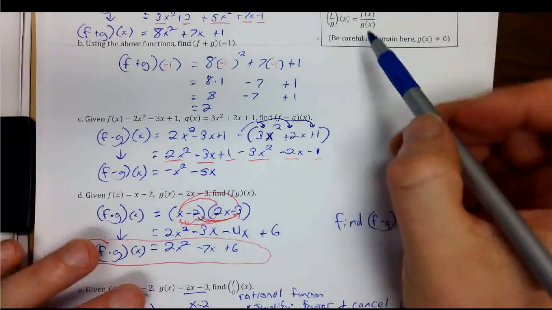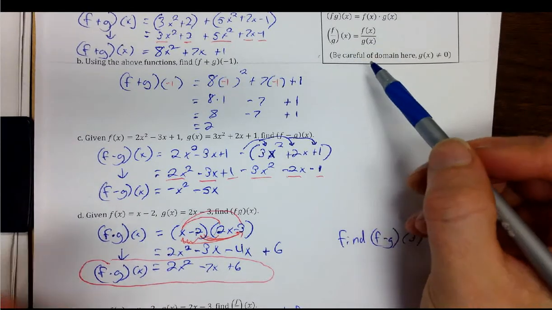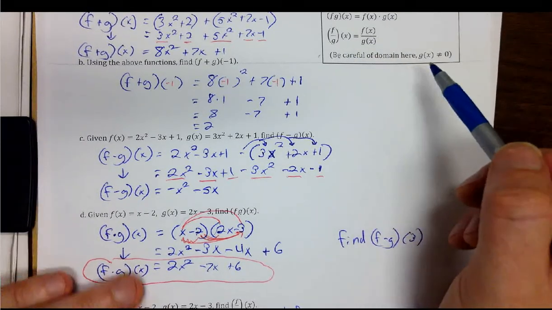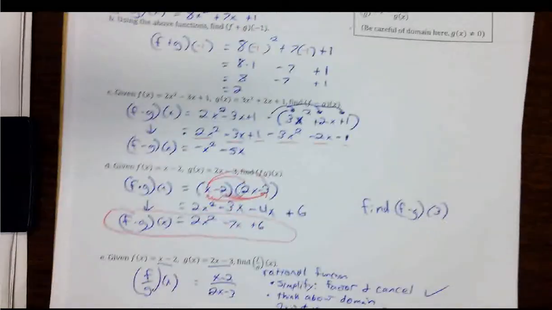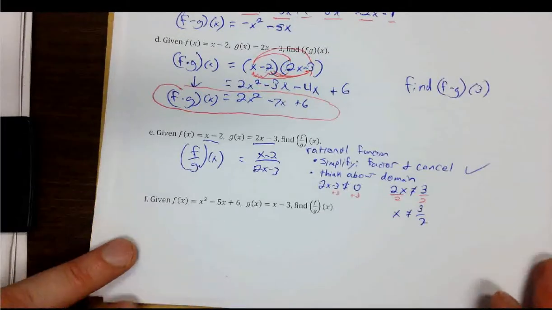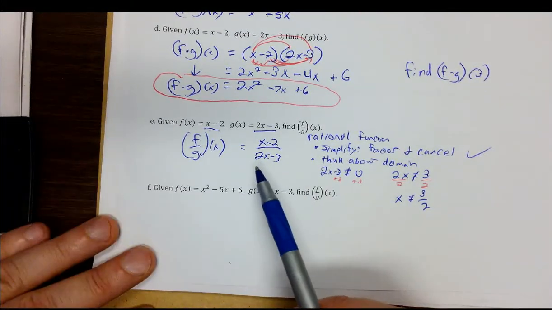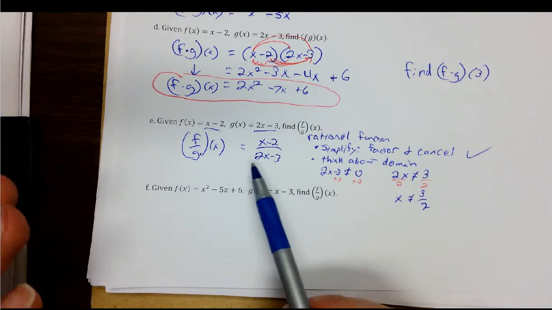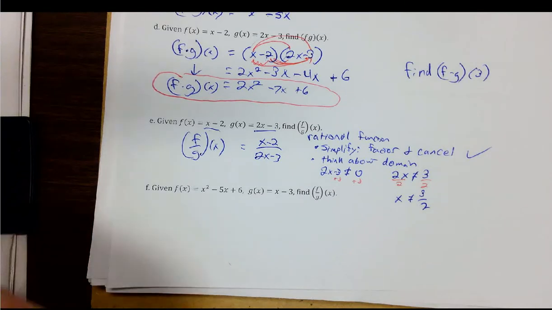And of course, that's summarized up here. When you do division, make sure you take a look at that domain. You have to make sure that you're not dividing by 0. So you're not necessarily going to be asked that every time, but it's something you should think about when you look at a rational function. You should always be thinking about, okay, just a reminder to myself, I can't divide by 0 here. So that means I've got this restriction.